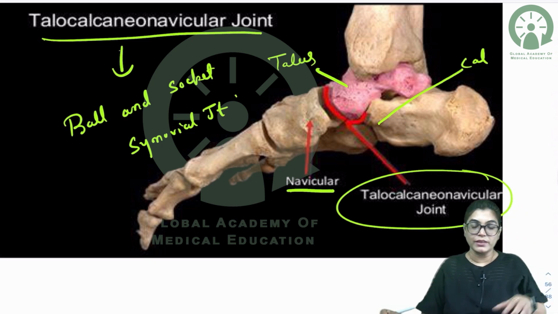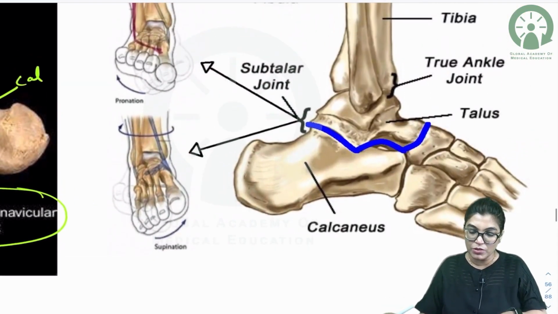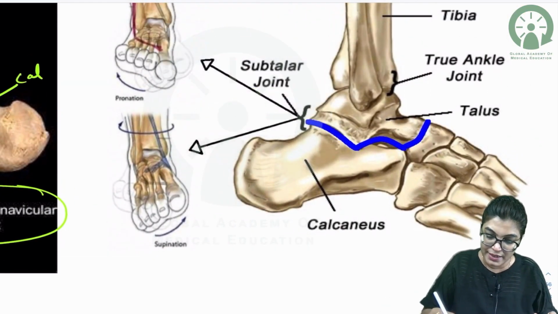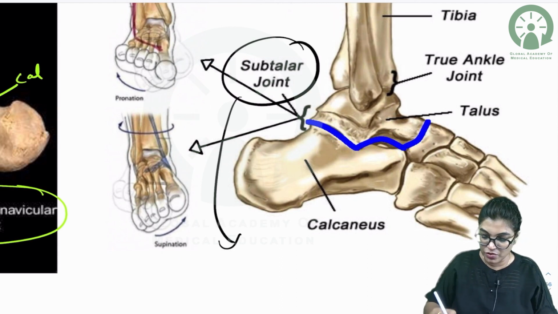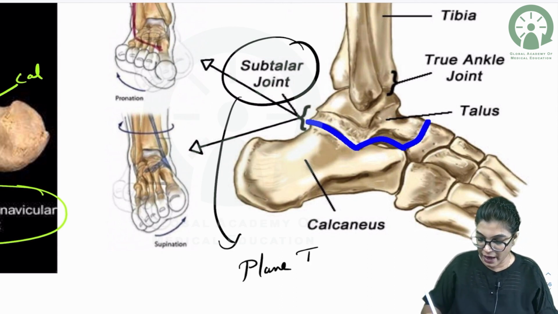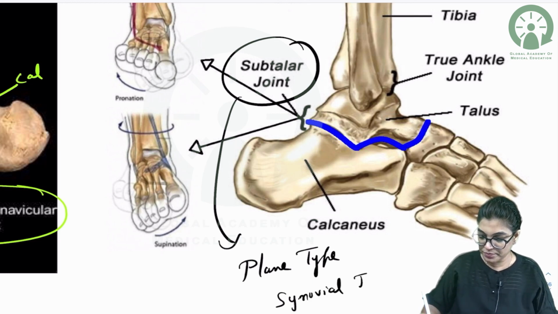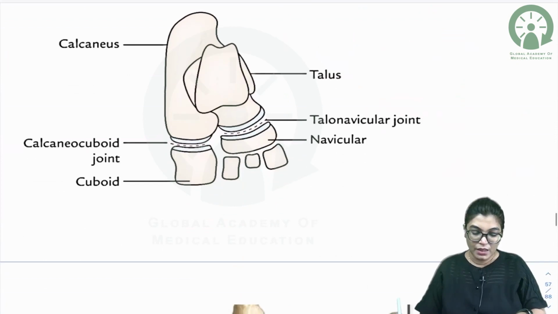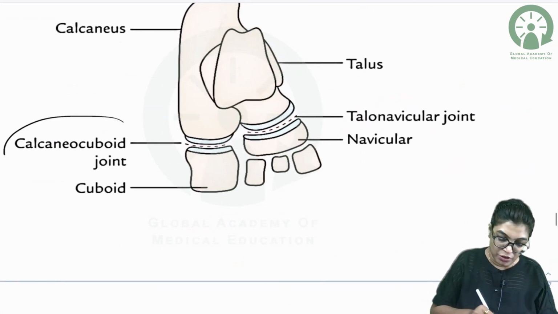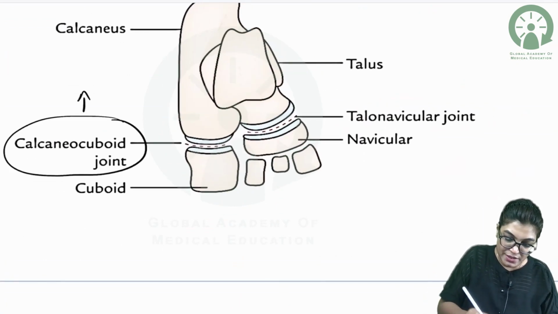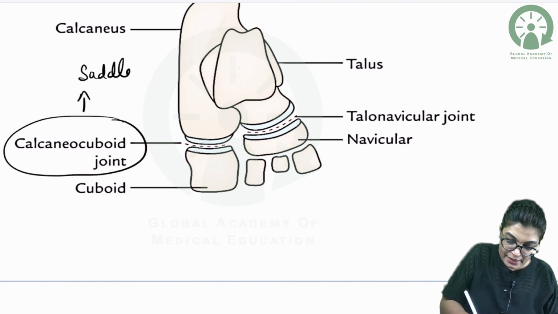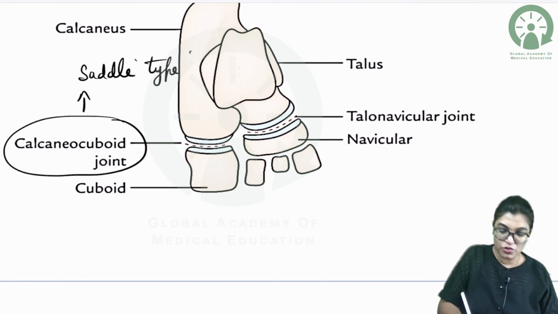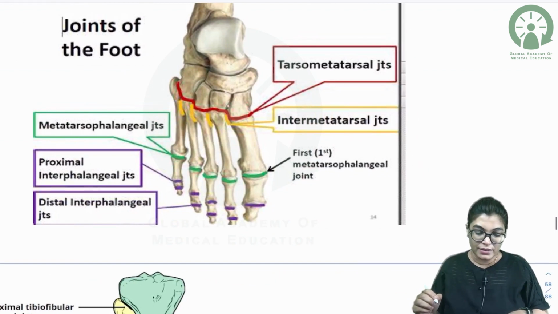The other joint, the subtalar joint, is an example of a plain type of synovial joint. Also we have the calcaneocuboid joint, which is an example of a saddle type of synovial joint.